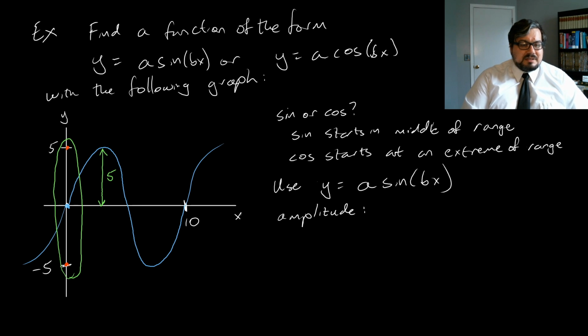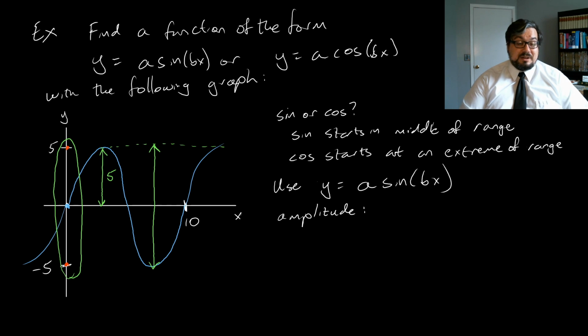And in that case, we can see that the amplitude is 5. The other way we can do it is by looking at the distance from one of the valleys to one of the peaks in the y direction. In this case, we'll notice that's 10 because it goes from -5 to +5, and then we divide that in half in order to get the amplitude. So it's either just 5 because that's what we observed, or it's 10 divided by 2, which of course is also 5.